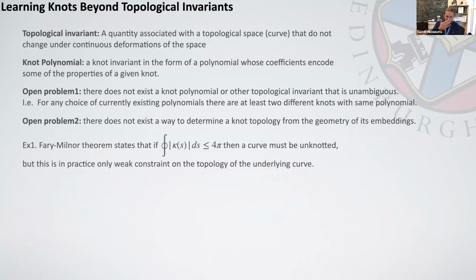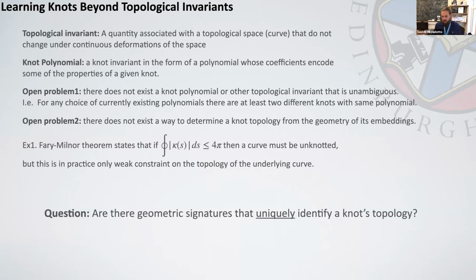For instance, the Fary-Milnor theorem says that if you compute the integral of the curvature of a knot and get something less than 4 pi, then the curve must be unknotted. But this is a very weak constraint, because I could have an unknot that is very curly, with a lot of curvature, and that does not tell me the curve is unknotted. So it's only a weak constraint on the topology.